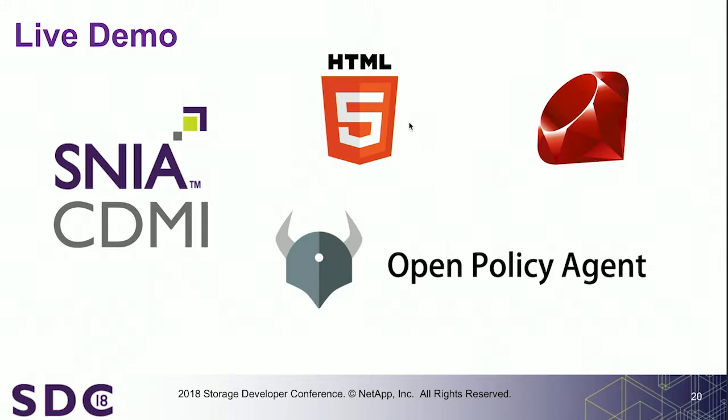One of the neat things about CDMI is your client can be completely web-based. We're also going to show the Open Policy Agent. Open Policy Agent is an open source policy engine that you can use, for example, for access control decisions. So we're going to have some objects in our CDMI server, and we're going to have the access control enforced by a policy loaded into OPA.